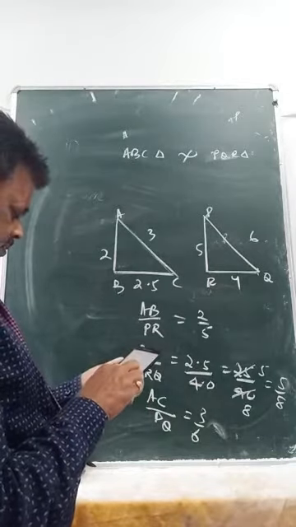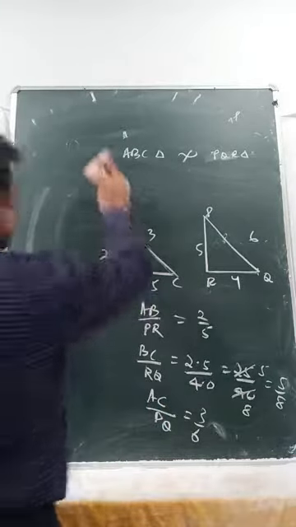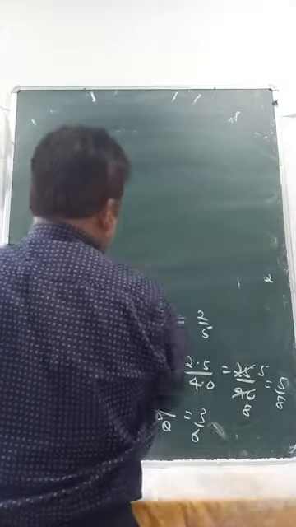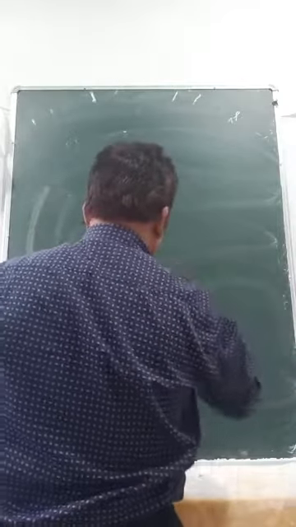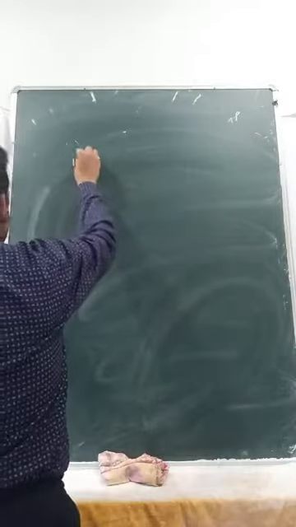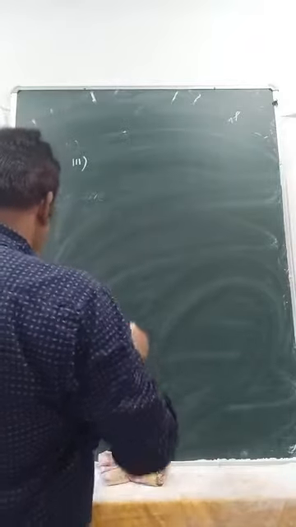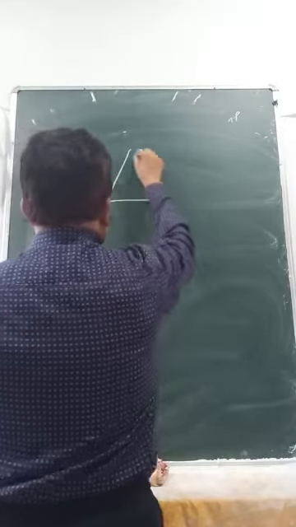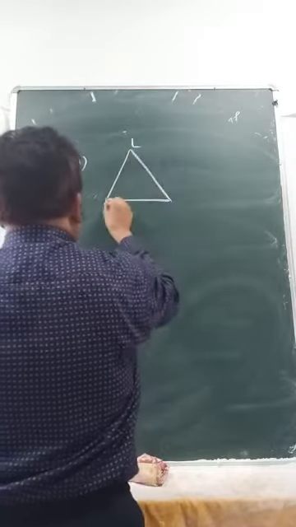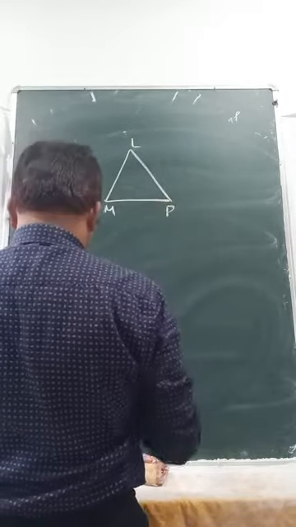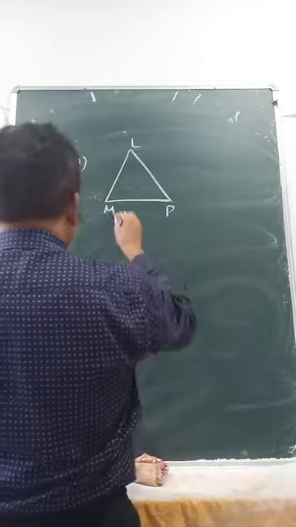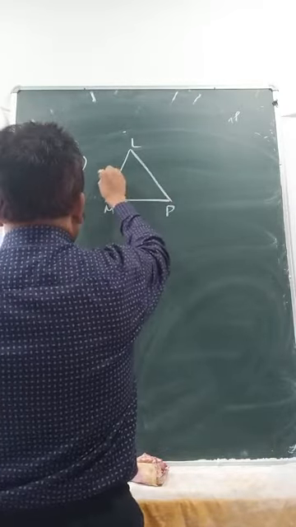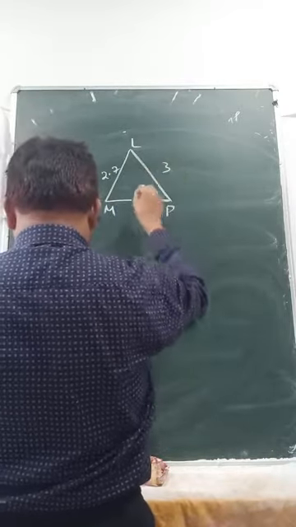Okay. Let's take the third one. Triangle LMP, 2.7, 3, 2.